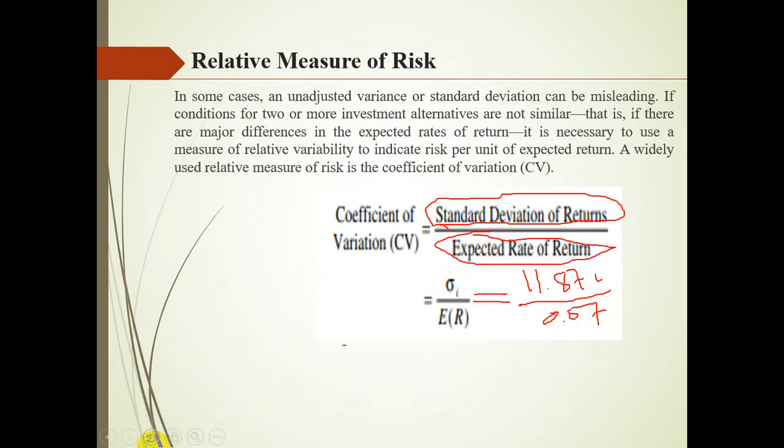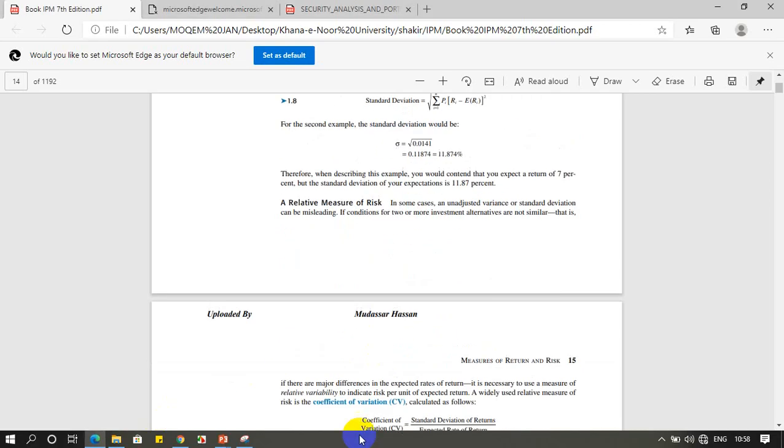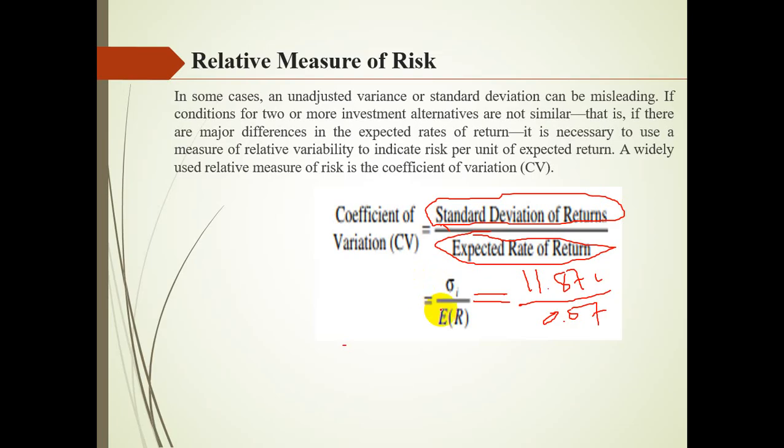0.07 which I have. So from this you will get to know how to measure the relative risk. The 0.07 is in numbers, not in percentage.